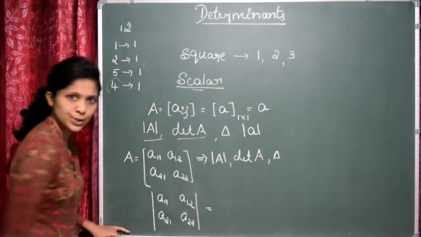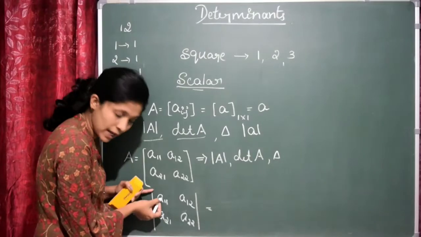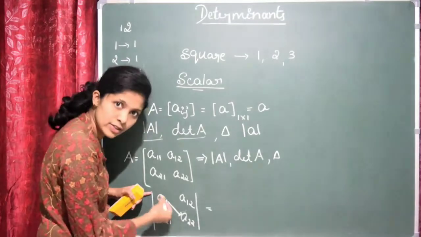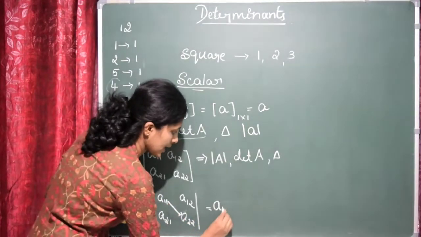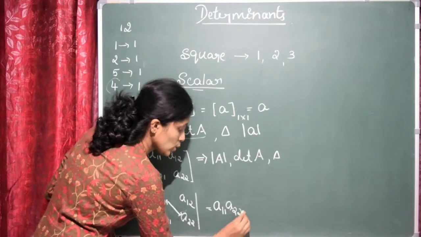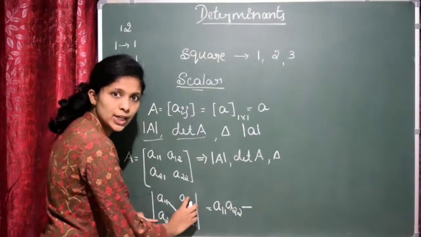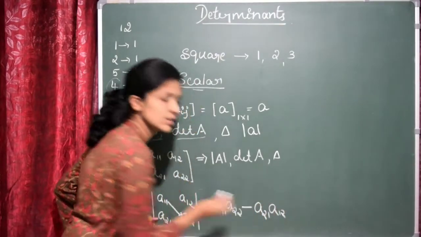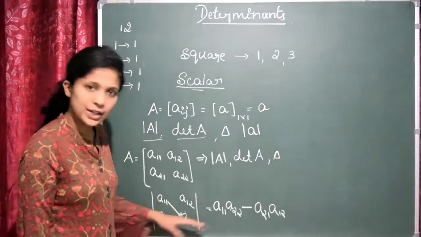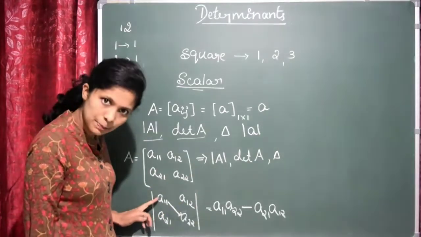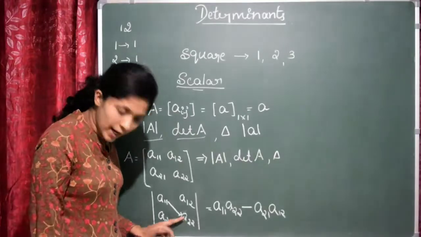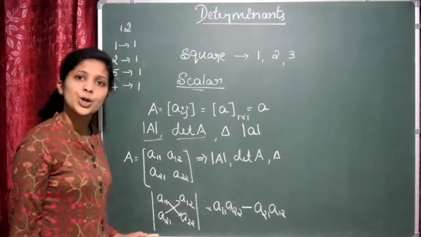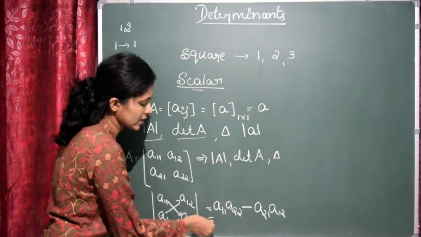To find the determinant, just multiply A11 and A22, starting from the left hand side, minus A21 into A12. Just multiply this element with this one minus this element with this one. This will give you the determinant of a 2 by 2 matrix, one scalar value.